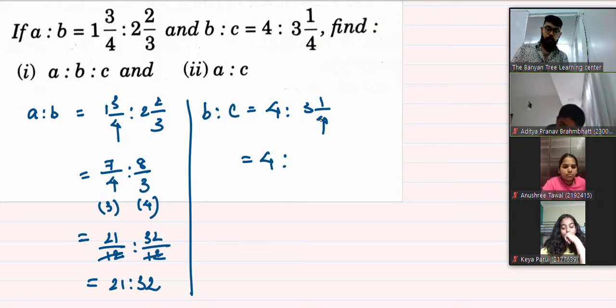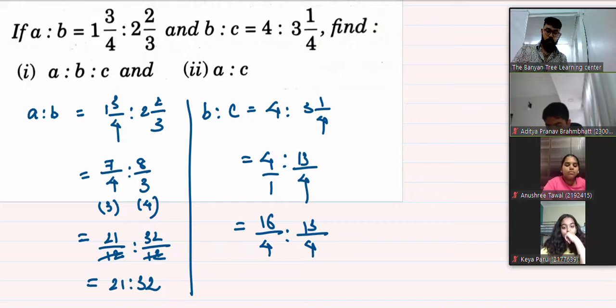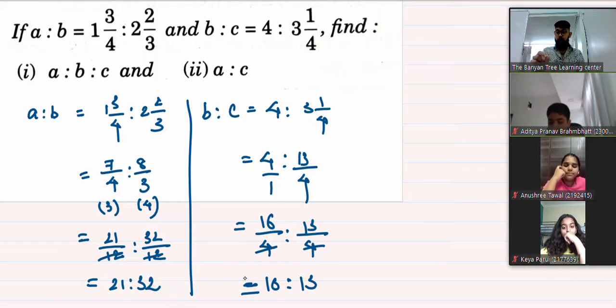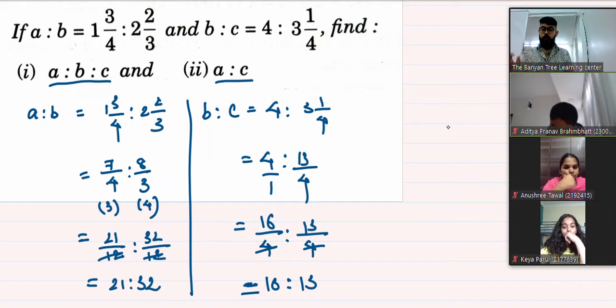That is 4 is to 3 4s are 12, 12 plus 1, 13 by 4. LCM will be 4, so 4 4s are 16 by 4 is to 13 by 4. 4 4 gets cancelled. I get 16 is to 13. You should understand up to here. For the next part we have to find these two things, so I am going to give you a technique for that. But write up to here first. I just simplified A is to B and B is to C.